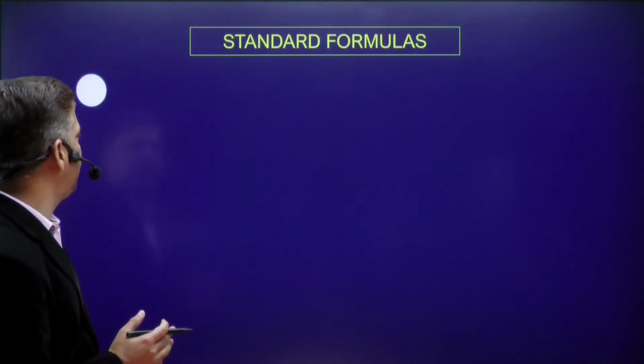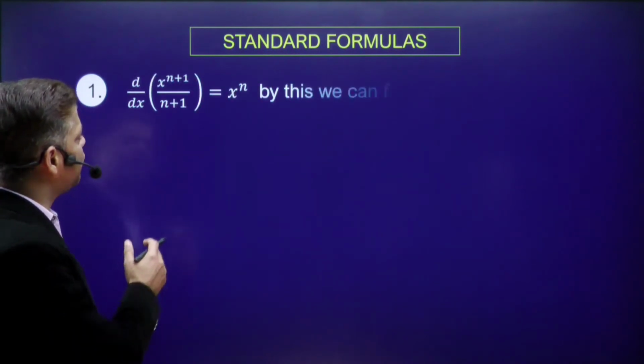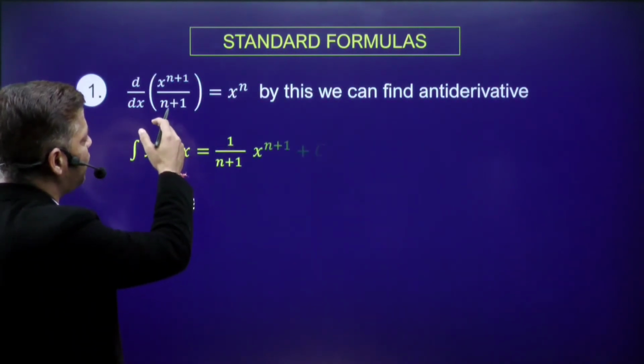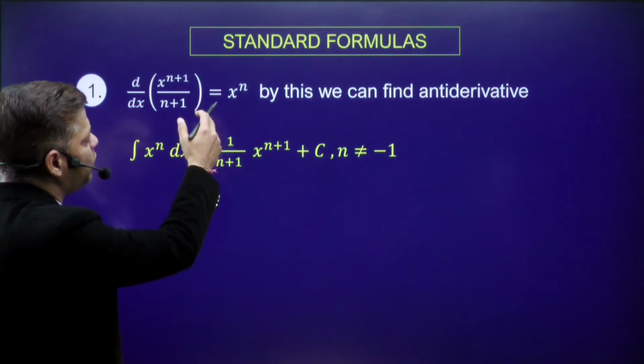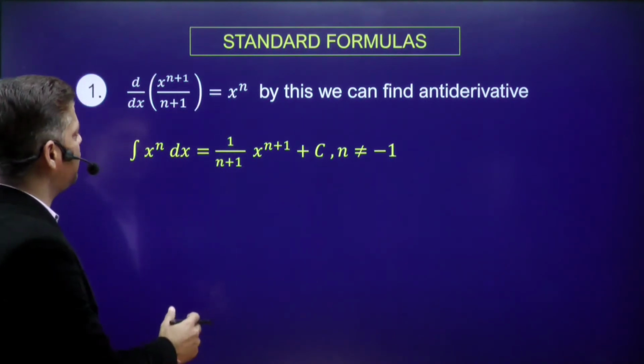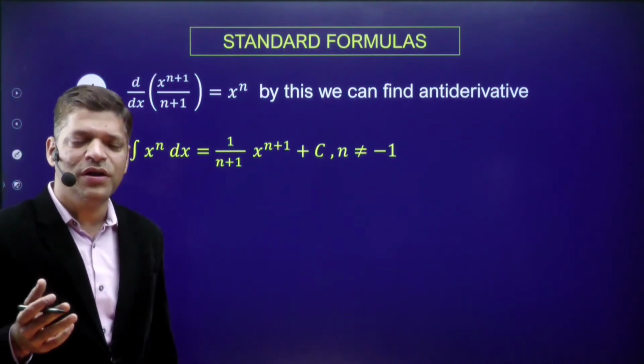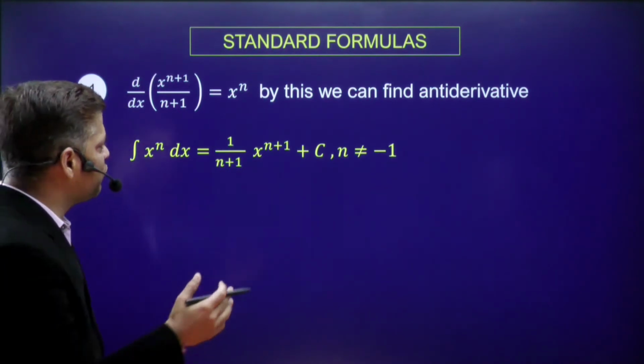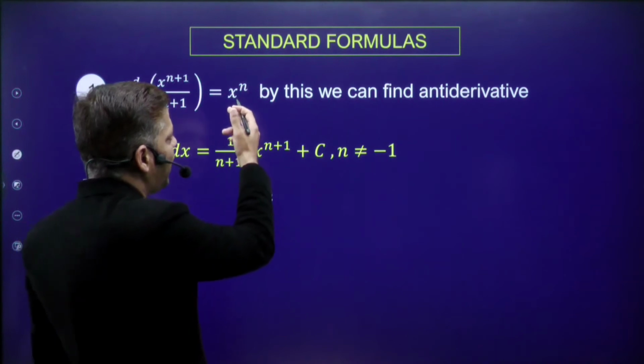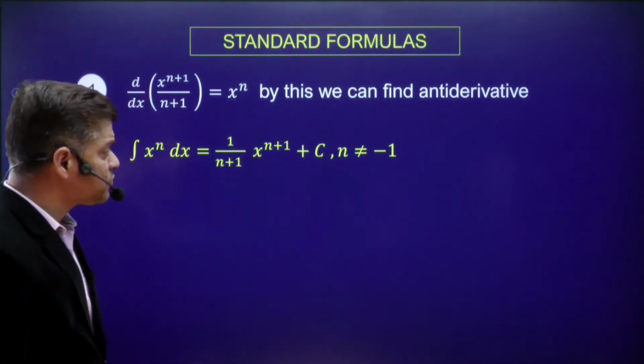So number one, d by dx of x raised to the power n plus 1 over n plus 1 is equal to x raised to the power n. We know that the differentiation of 1 upon n plus 1 times x raised to the power n plus 1 is equal to small x raised to the power n.